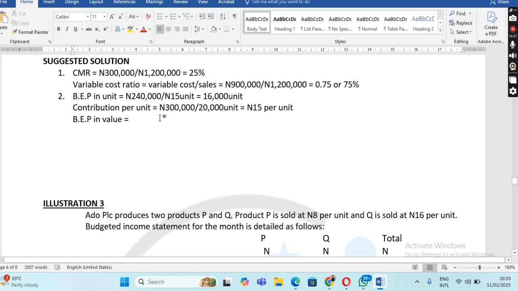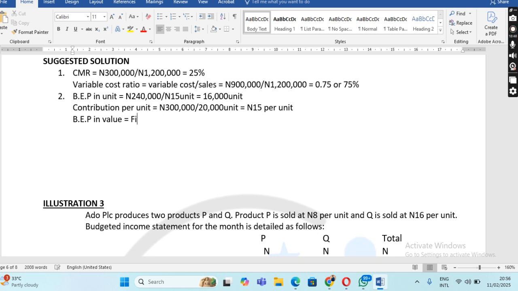Please go and check the previous lecture on introduction to cost volume profit analysis immediately after this class, so that you get your notes from there. I will still send this note to those who make payments. Now, it is the fixed cost divided by CMR.